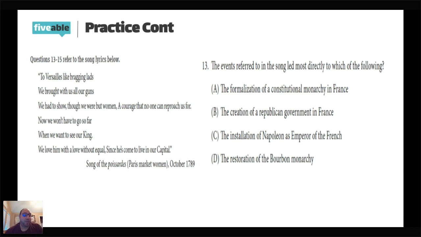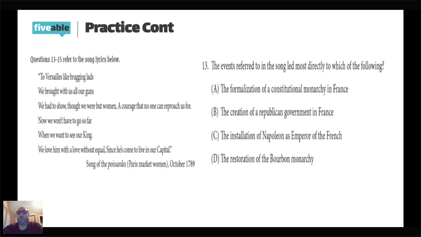The source time period really helps, knowing what's going on in that time period, and making sure that you paid really close attention to what the question is asking. I would say using process of elimination is going to help you here. There's one little trick that you can use in process of elimination. It can be time consuming, so be very careful if you do this.